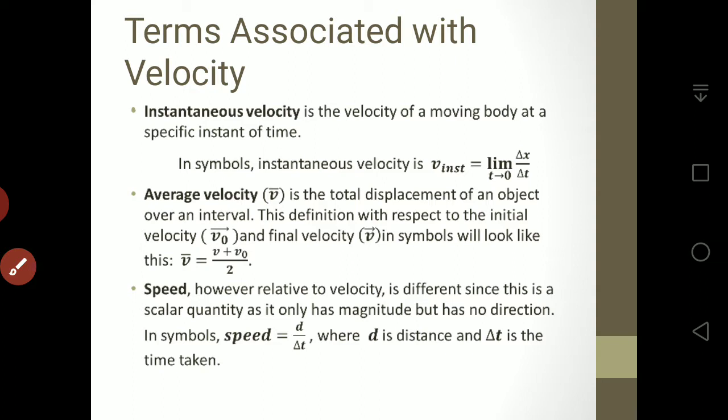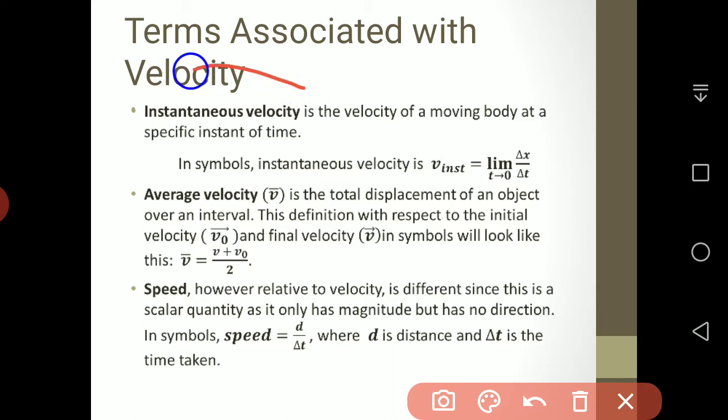Terms associated with velocity. Unang-una, we have instantaneous velocity. So, instantaneous velocity is the velocity of a moving body at a specific instant of time.